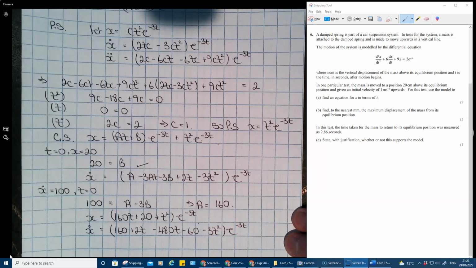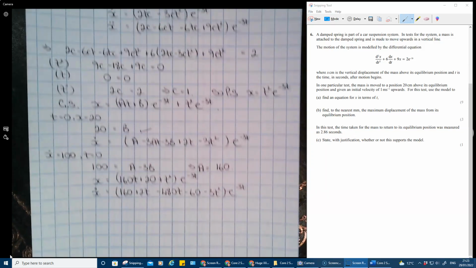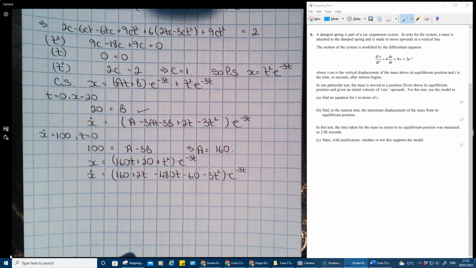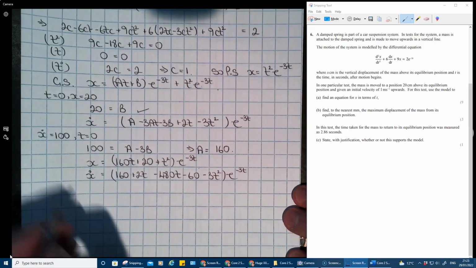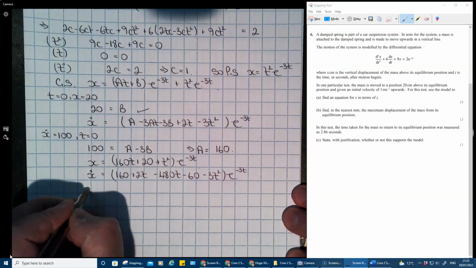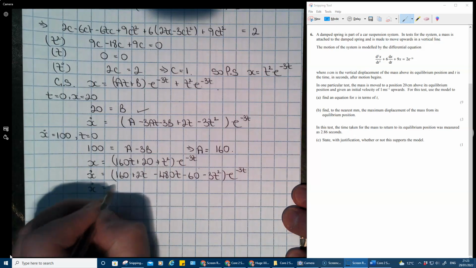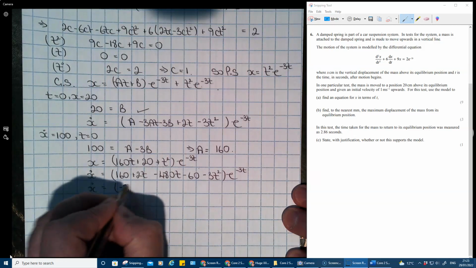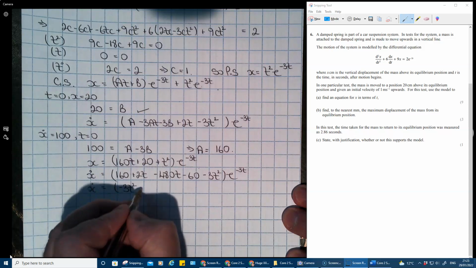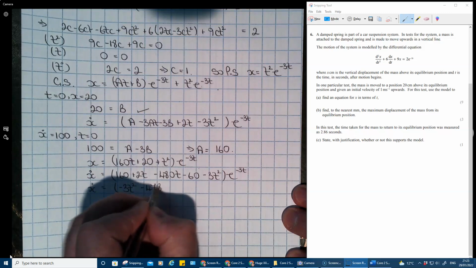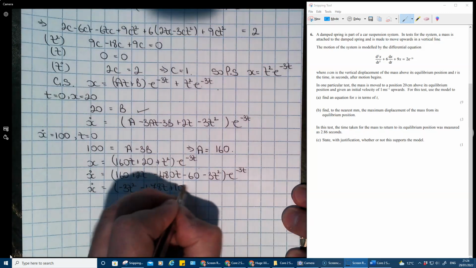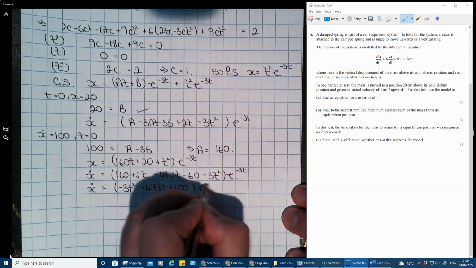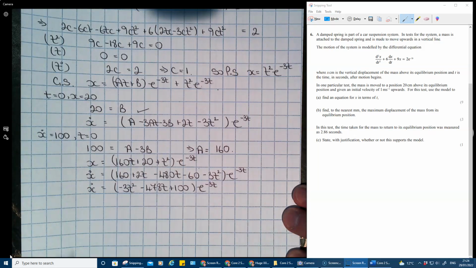So, move up again. So x dash equals (minus 3t squared minus 478t plus 100) e to the minus 3t.